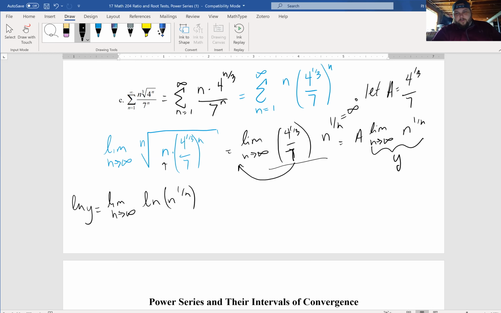And if you have a power that is one of the variables, then a natural log is the only way to get it down. And we also know that to use L'Hopital's rule, we need a ratio or a fraction. So the log allows me to bring that 1 over n down.